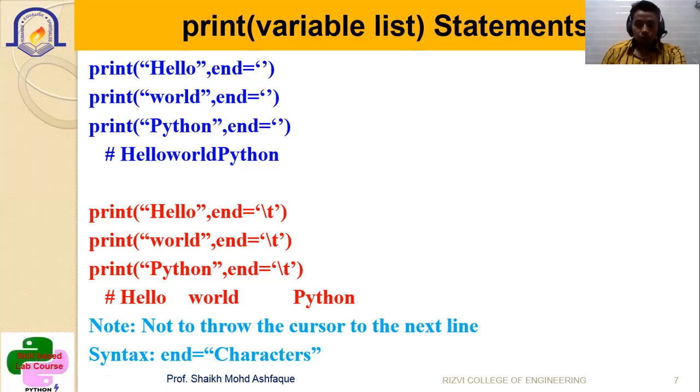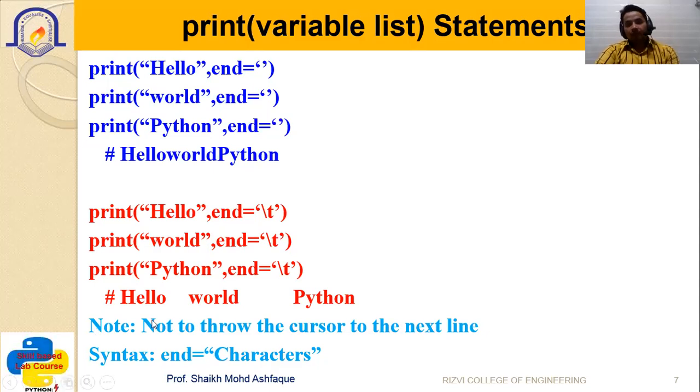Next is end along with the red color: print hello, end is equal to slash t; print world inside the double quotes, end is equal to single quote slash t; then print python, end is equal to slash t. So what happens, it once again stops the cursor from moving to the next line, but whatever you give inside the end, slash t, it will be executed.